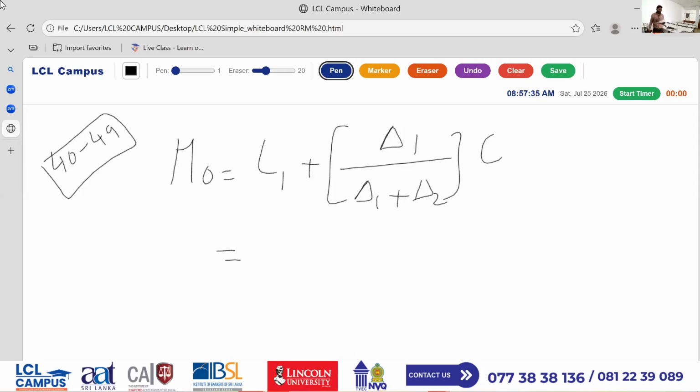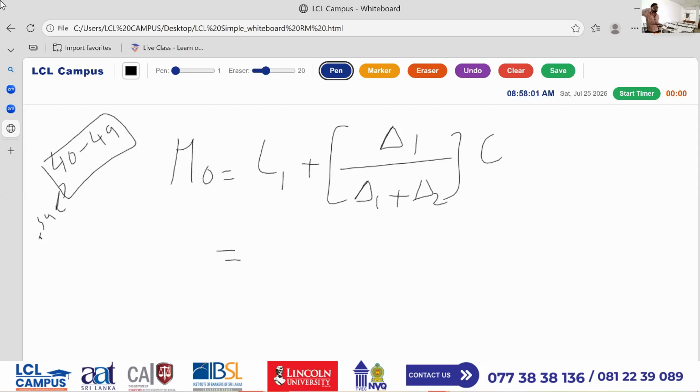Therefore, what is the lower boundary of that class? 39.5. Because why? 40 to 49, the next class starts 50 to 59 like that. The previous class ends with 39, 30 to 39. Therefore, we have a gap between these two.